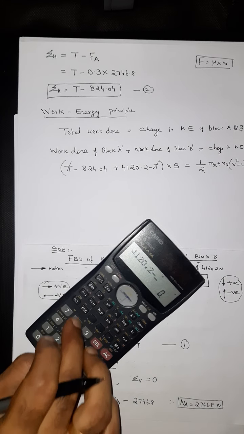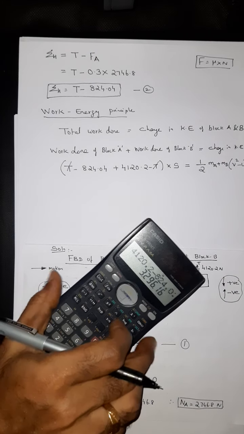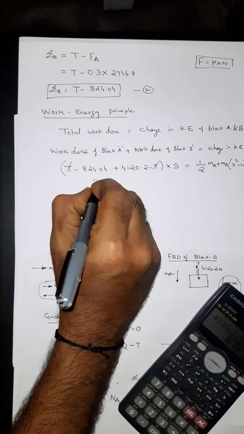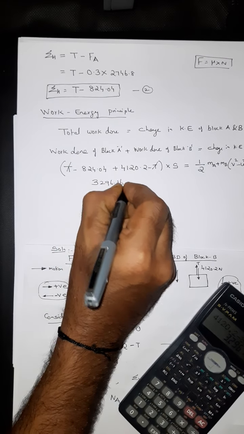4120.2 minus 824.04, which works out to 3296.16.